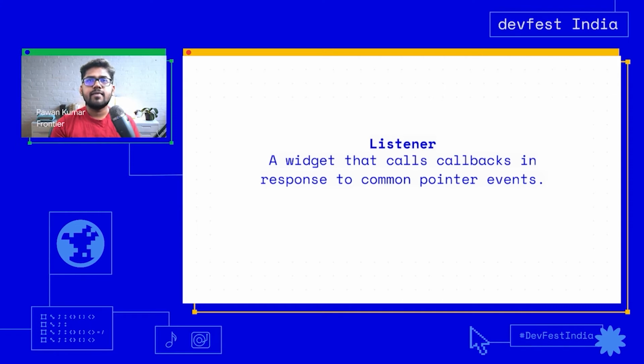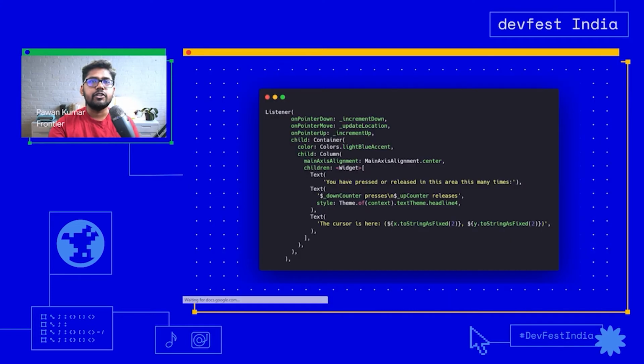Another widget is Listener. The first one was MouseRegion, the second one is Listener. Listener is another widget which can give us pointer events, right? But I'll still suggest, if it is possible, that we should use the high level GestureDetector. But in case you need more access, then you can definitely use Listener. You can see this example.